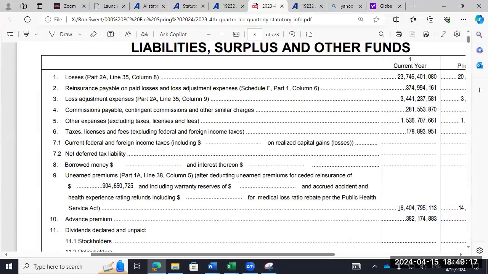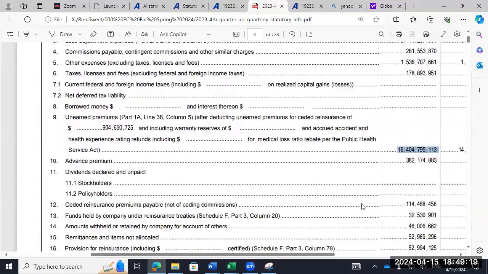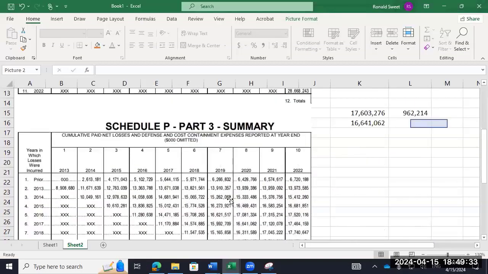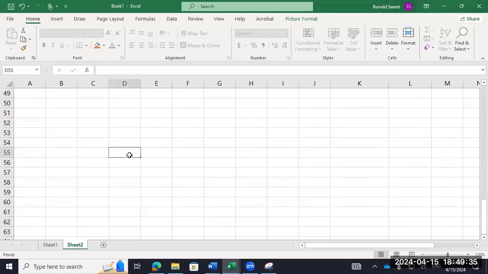All right, so what they're doing here is they have premiums that they've written and they haven't earned yet. Maybe I can show you mathematically, it'd be the easiest way. You're going to find this is statutory accounting. It doesn't make sense.